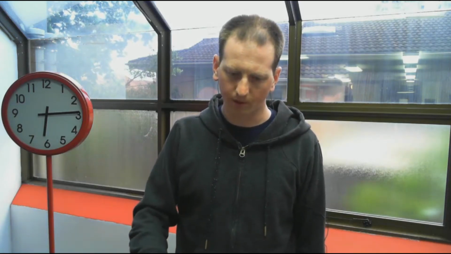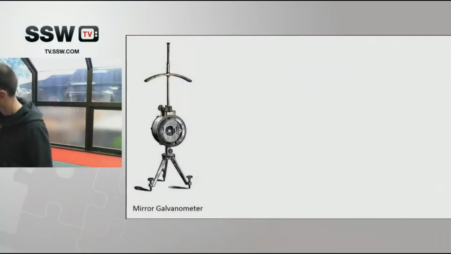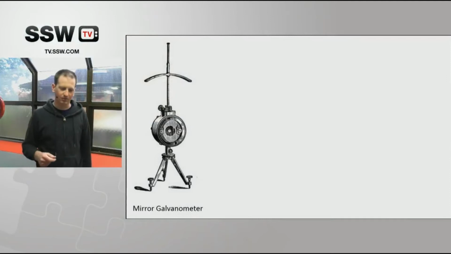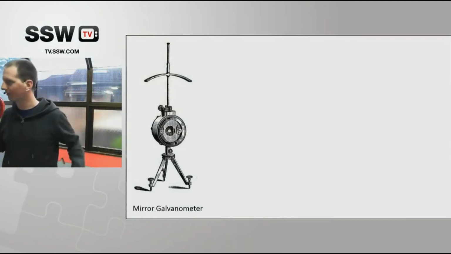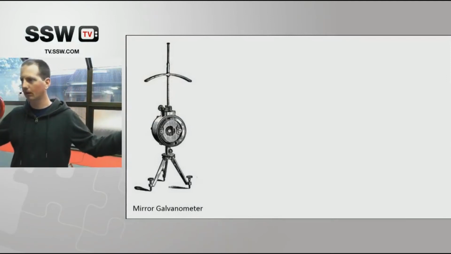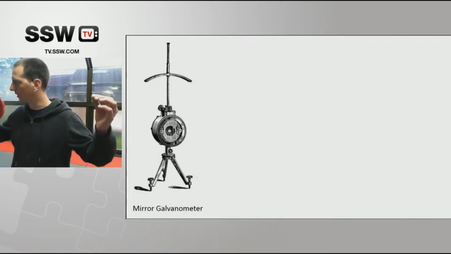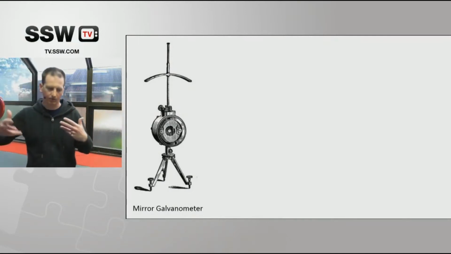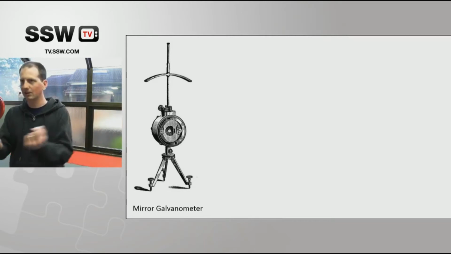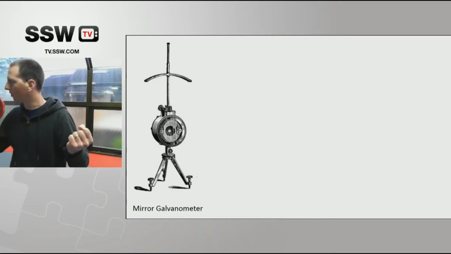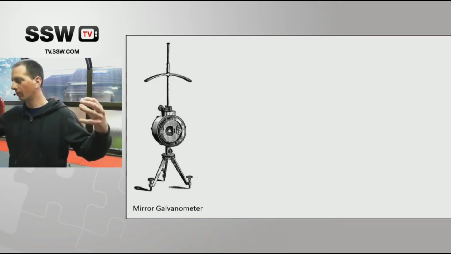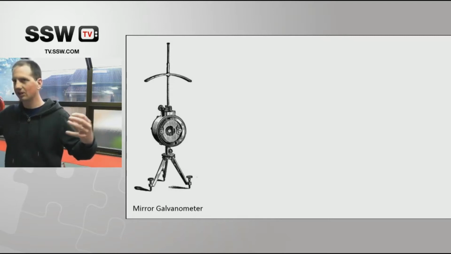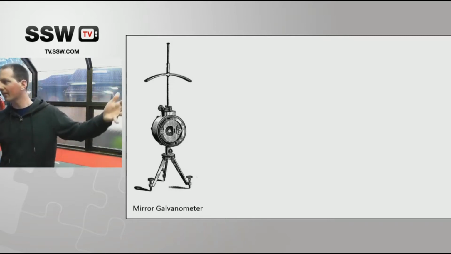But the other thing that he was responsible for was something that he called the mirror galvanometer. What happened was, they've got this big cable strung across the ocean, and because of the ocean currents, and they've got this big chunk of copper, they had to send a signal down one end of the cable and measure that signal at the other end of the cable.